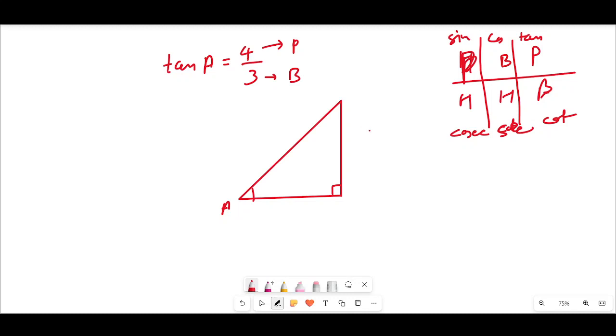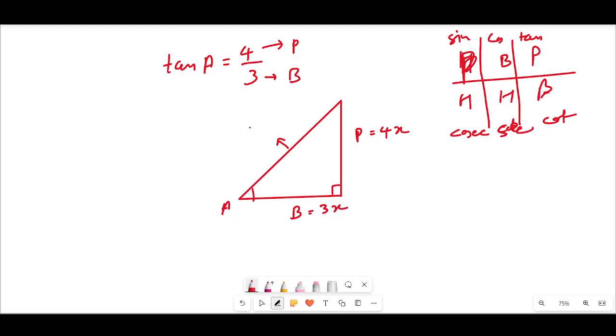Since this is the perpendicular, we write P here as 4, and this is 3. Clear? Then this is the base, so we should take 4x and 3x.